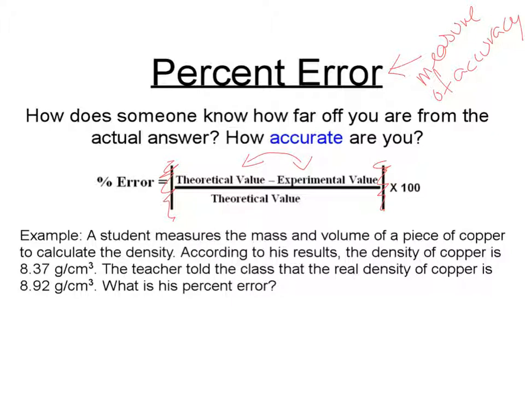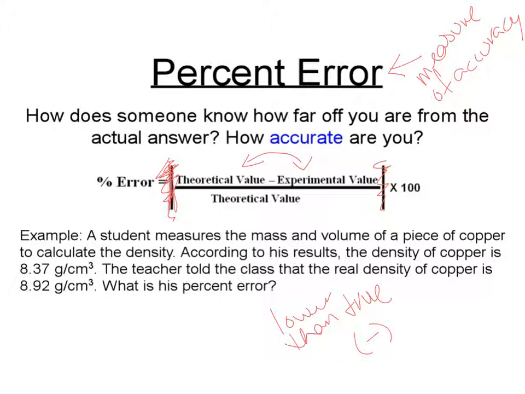If our value is going to be lower than the true value, I want your answer for your percent error to be negative. The only way for that to happen is if your experimental comes first. So the true formula should say experimental value minus theoretical value over theoretical value.